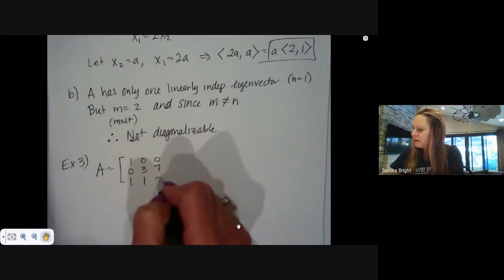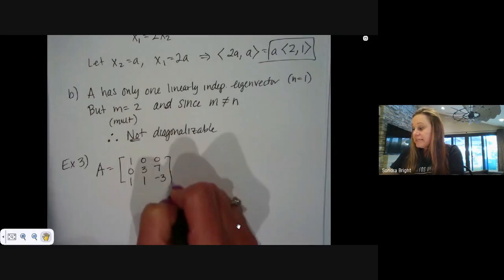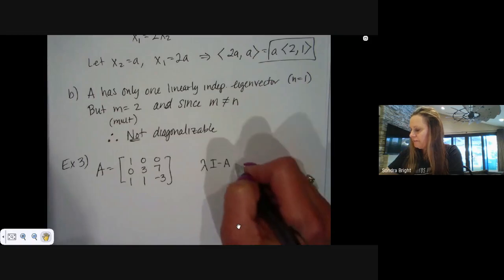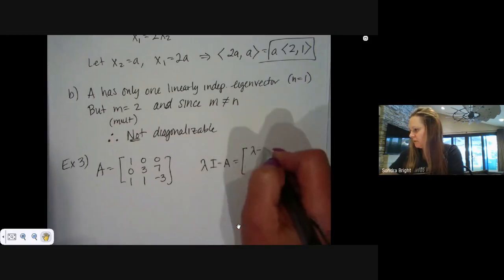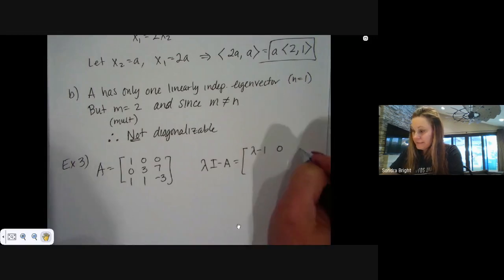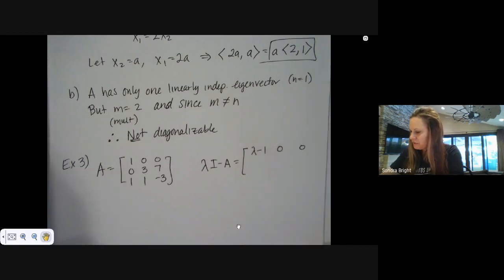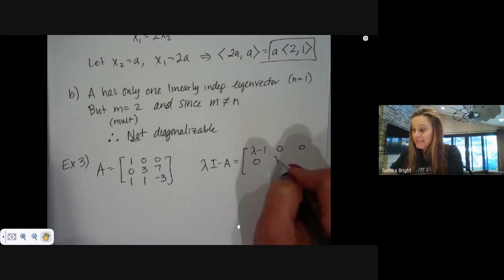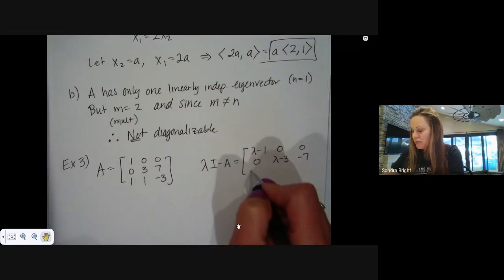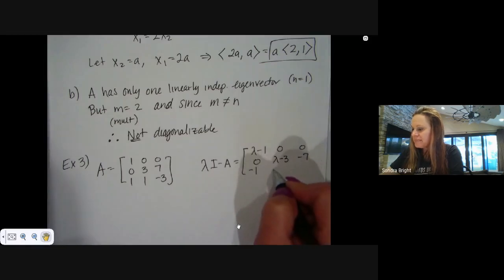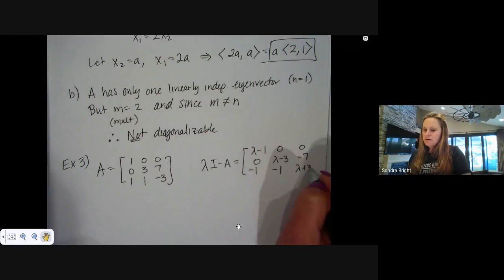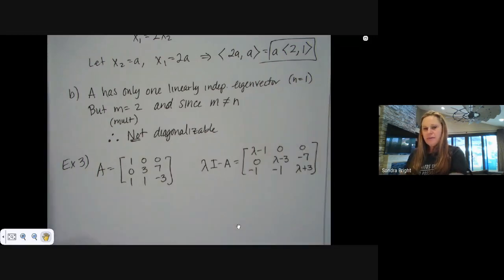And so your lambda times the identity matrix minus A would be lambda minus 1, 0 minus 0, and a 0 minus 0, 0 minus 0. This one is lambda minus 3. This would be 0 minus 7, 0 minus 1, 0 minus 1, and then lambda minus negative 3. All right, so there's your matrix. I don't see a typo, yay.